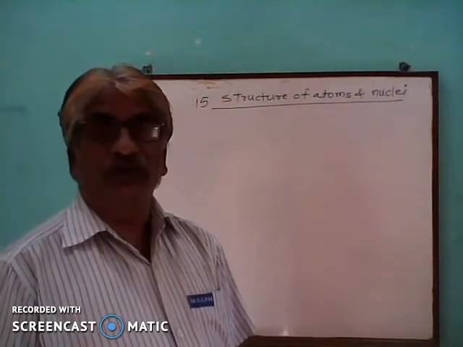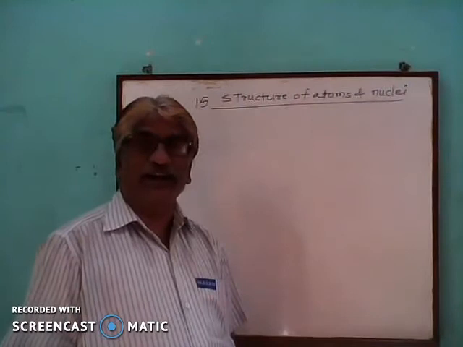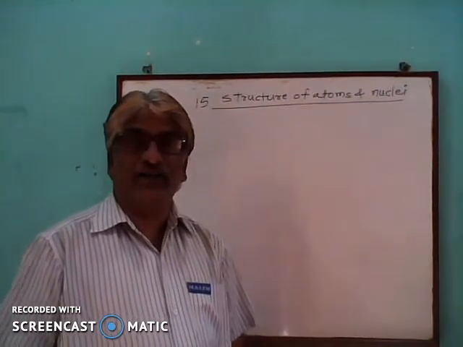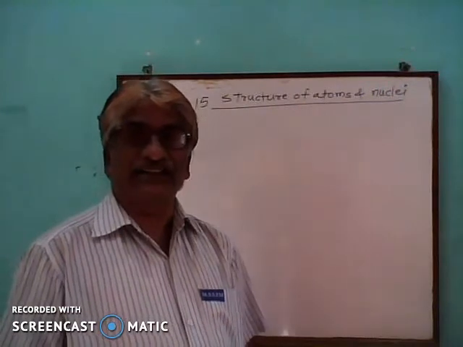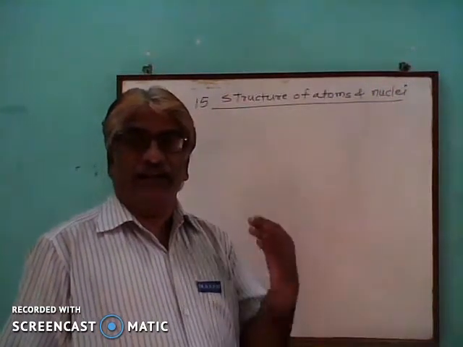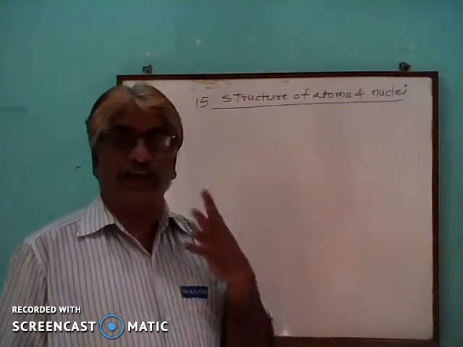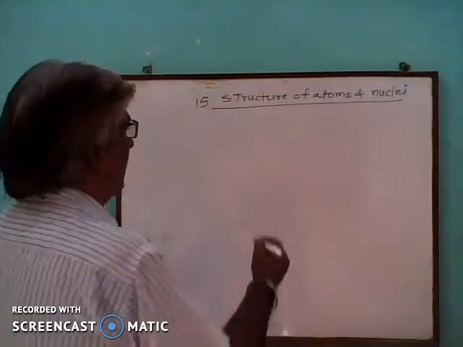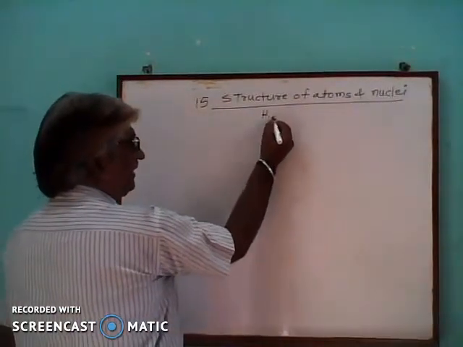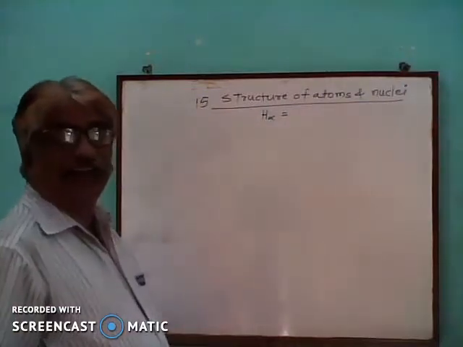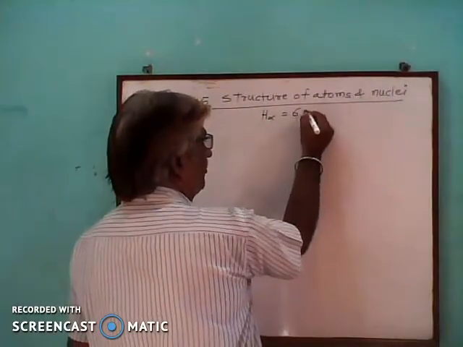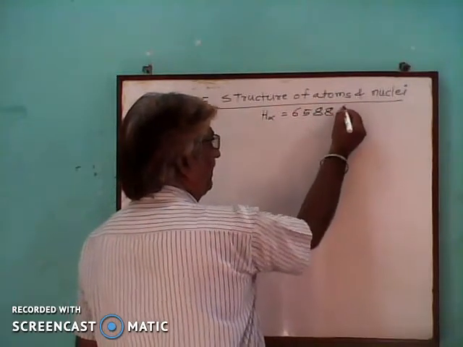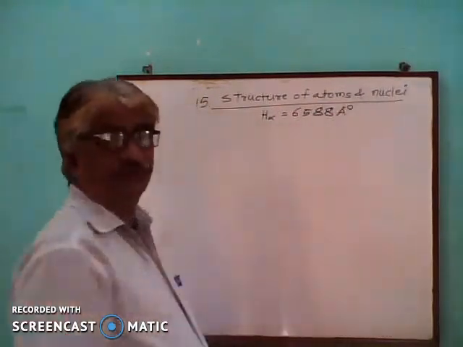So today we want to find a numerical or a problem which will ask: if in Balmer series 4 lines are given, and the H alpha line is given as wavelength 6588 angstrom unit.